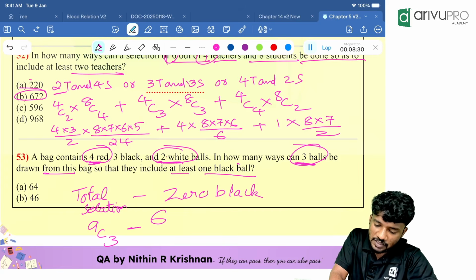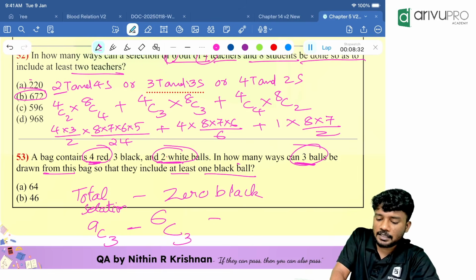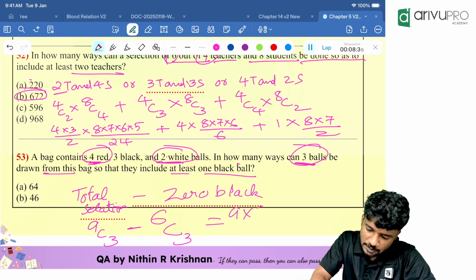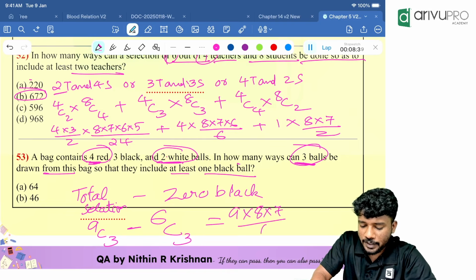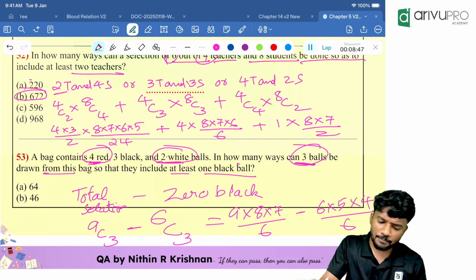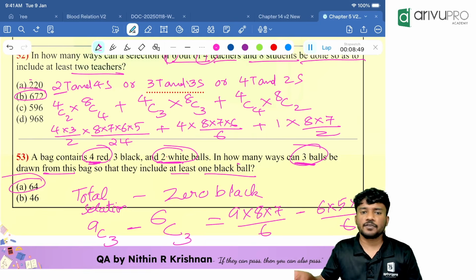That means 6C3. That's your answer. 9C3 is how much? 9 into 8 into 7 divided by 6 minus 6 into 5 into 4 divided by 6. Use calculator. Get me the answer. 64 is the answer. Everyone got 64?